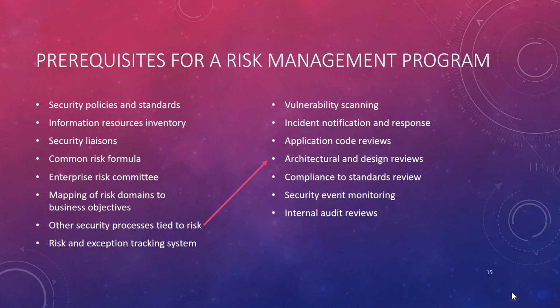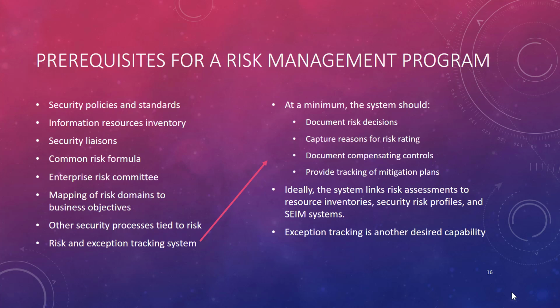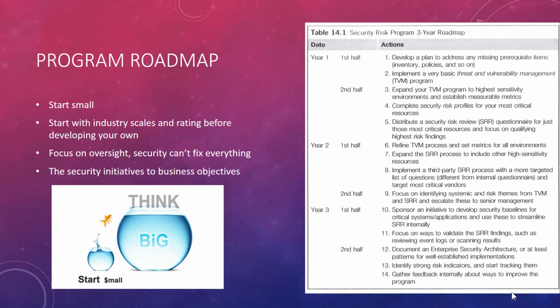All of these are ongoing every single day. Just another ball to be juggled, but important balls to be juggled to make sure that your program is up to snuff and cranking along in terms of a risk management program. And then finally, you want to document all those risk decisions, capture reasons, talk about compensating controls, also capture exceptions where an exception has been approved.